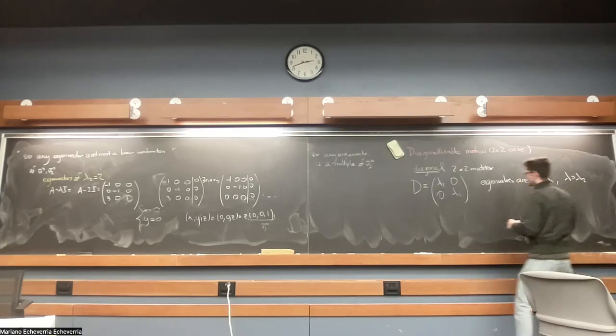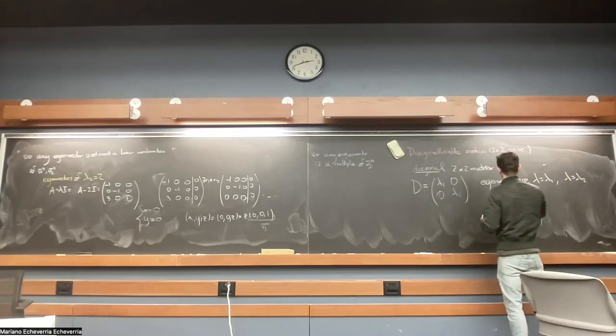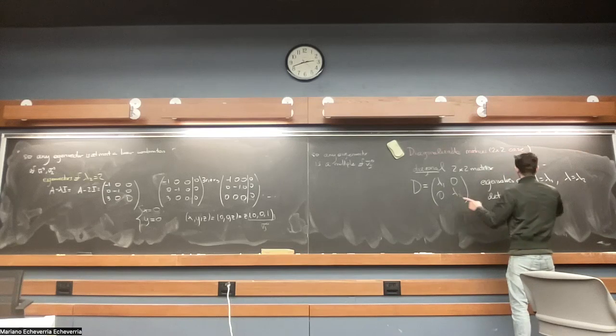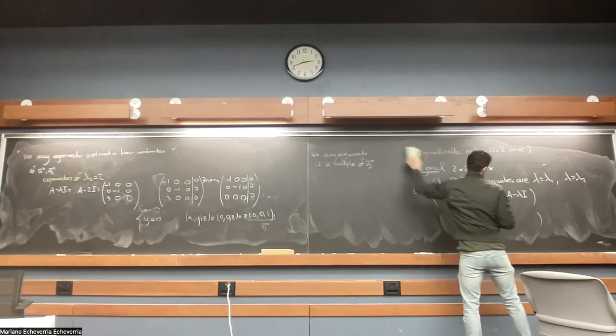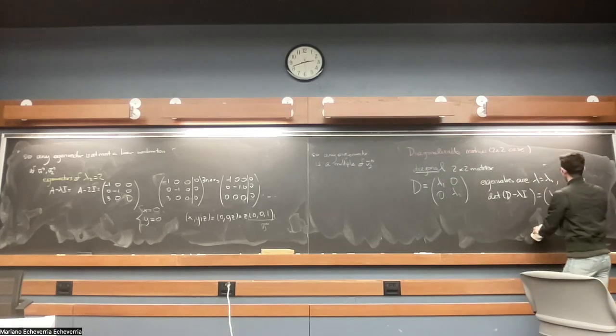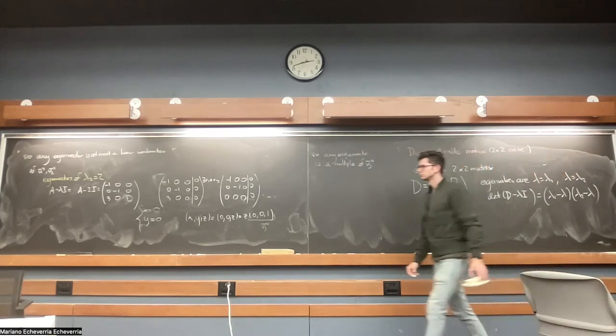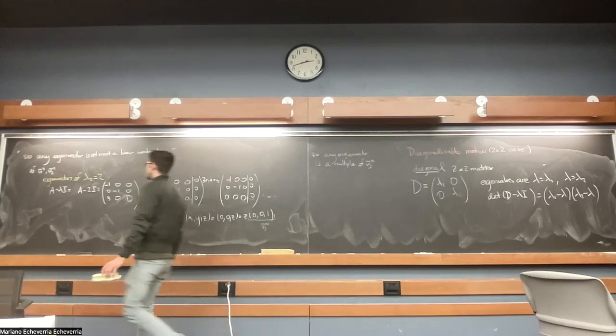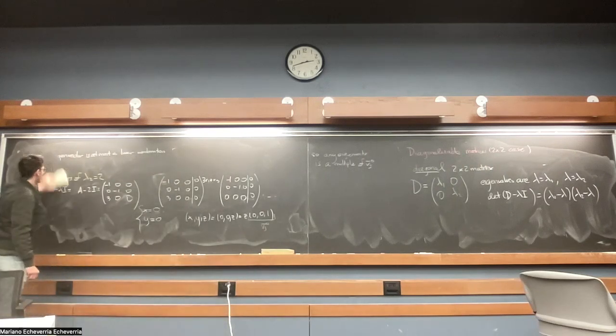Or another way to say it is that the determinant polynomial of D minus lambda I would be just lambda 1 minus lambda times lambda 2 minus lambda. So it's not too bad to see that those are the eigenvalues in this case.